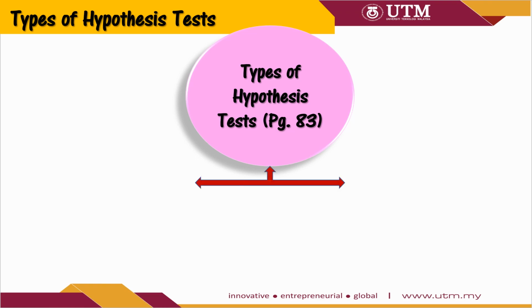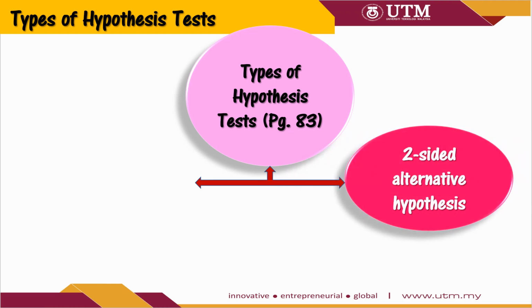The first is a two-sided alternative hypothesis. We can use this type of hypothesis if we want to investigate whether there is any change or a difference in the parameter's hypothetical value. The keyword here is a change or a difference in the parameter's hypothetical value.